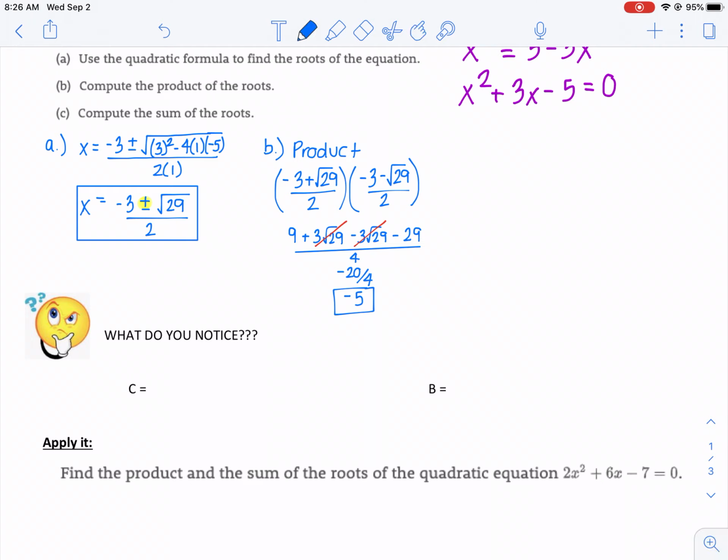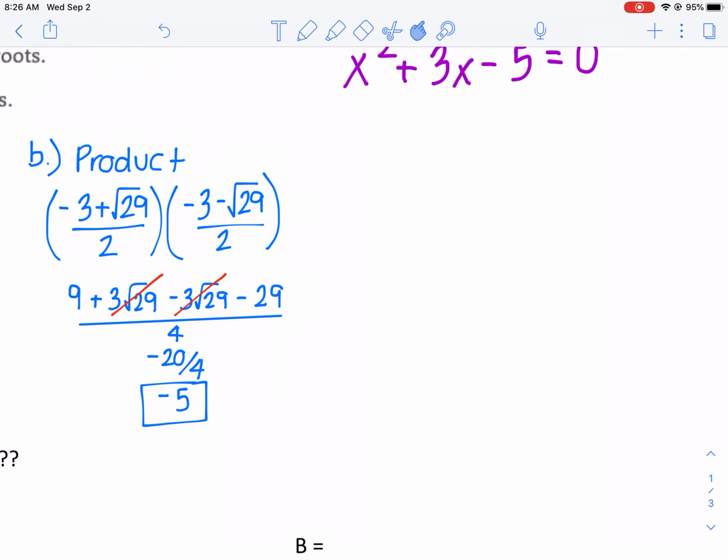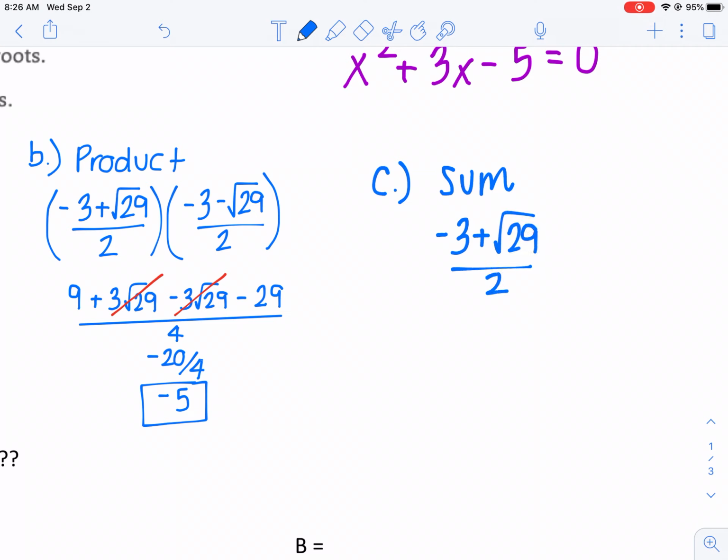Part C is very similar, but we're computing the sums of the roots. So for part C, the sum, we're going to have negative 3 plus root 29, and we're going to add it to negative 3 minus root 29.